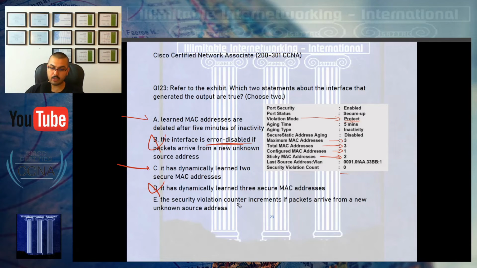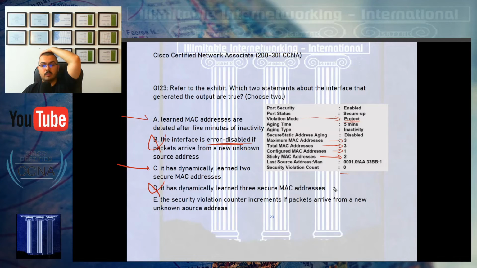E. The security violation counter increments if packets arrive from a new unknown source. I need to lab that.